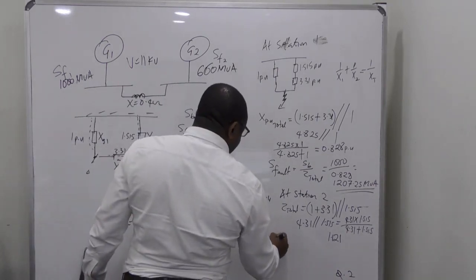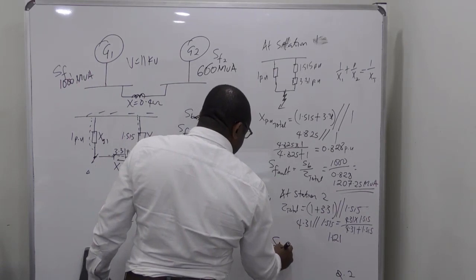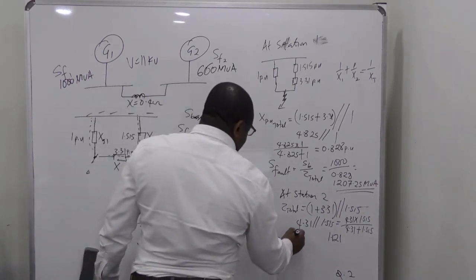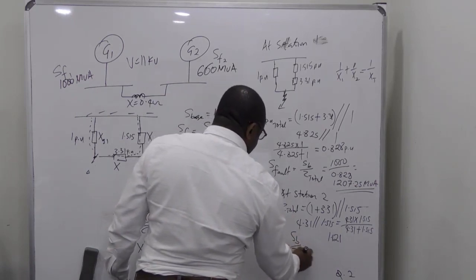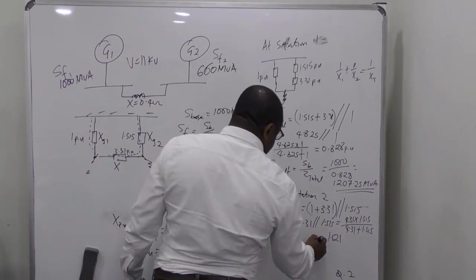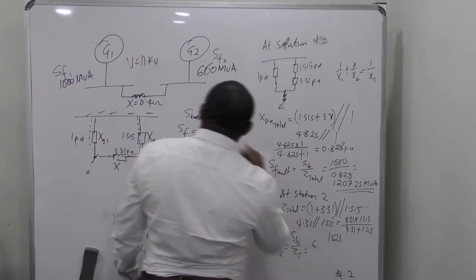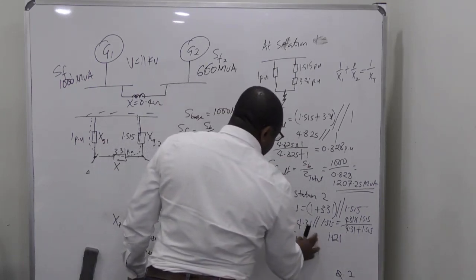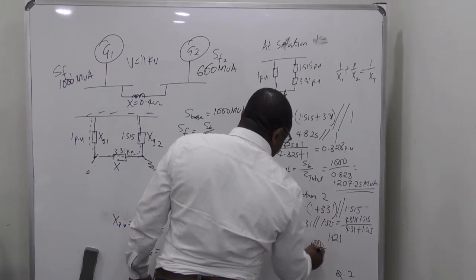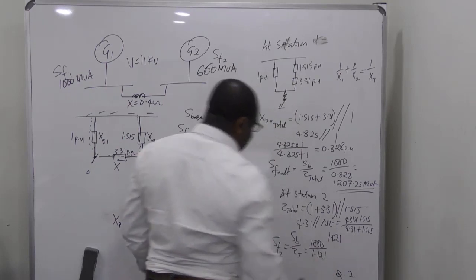Now, S fault at number 2 bus bar will now be S base over Z total, and our S base is 1,000 MVA over 1.121.